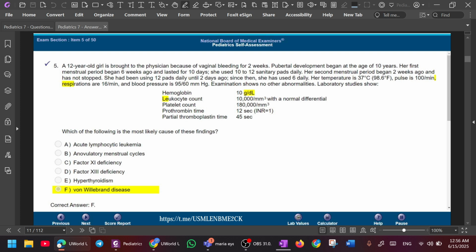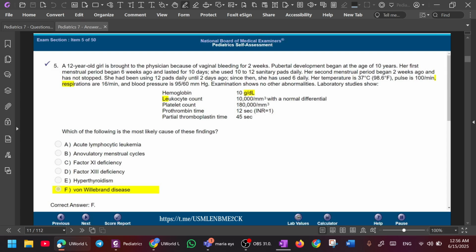The most likely diagnosis in this patient with menorrhagia leading to anemia and isolated increased PTT is von Willebrand disease, a common coagulopathy affecting platelet function. Von Willebrand disease results from impairment of the amount or function of von Willebrand protein, a multimeric plasma protein that binds platelets to subendothelial collagen.